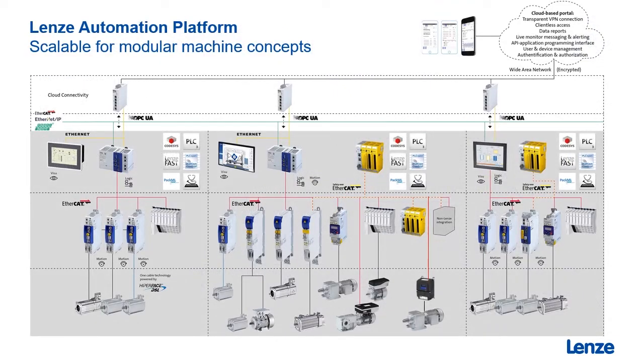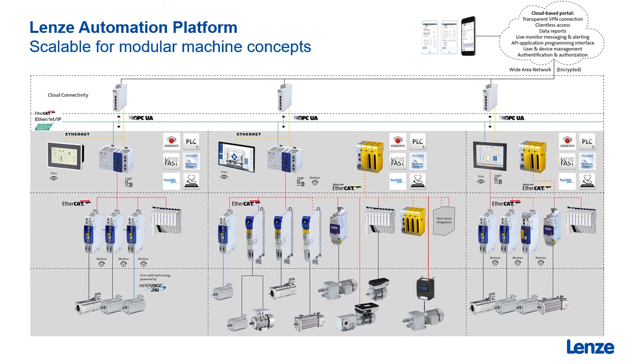So this is just a different view to make it a little bit more clear that this is really a very scalable and modular concept Lenze can offer for your machines, with a complete automation platform, where again we have the right software tools as well, which makes it super easy.